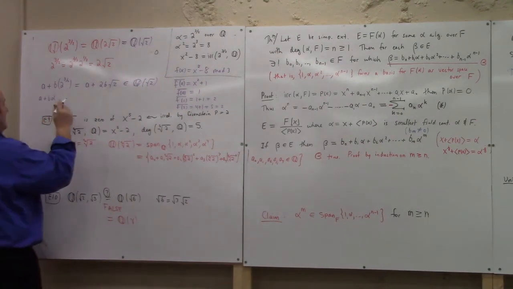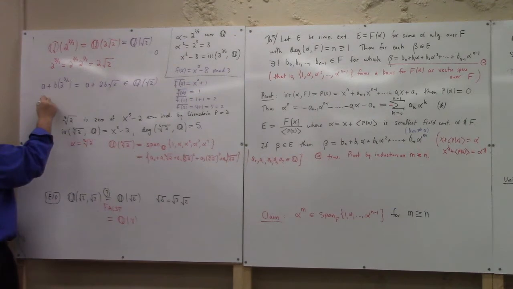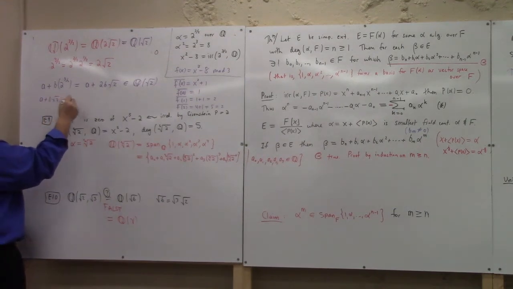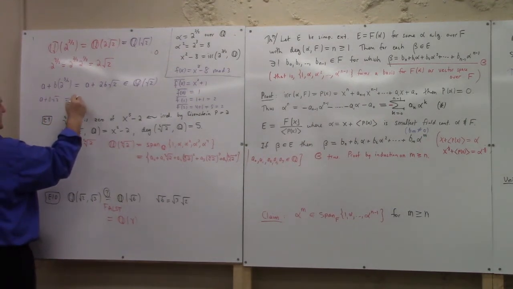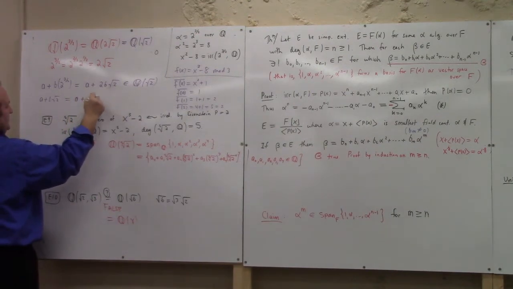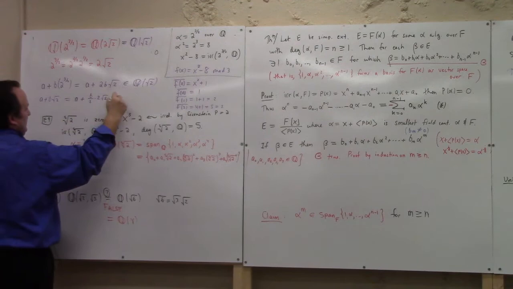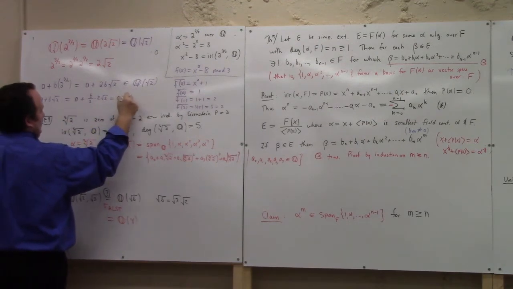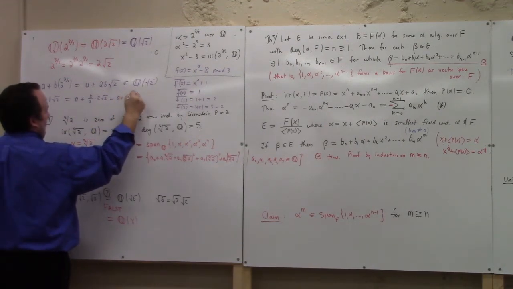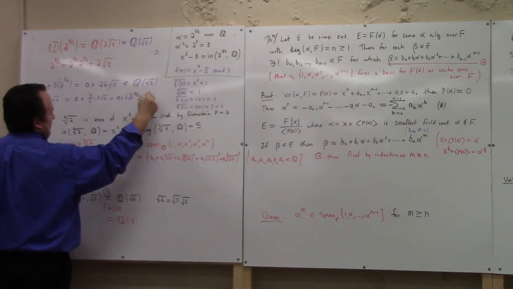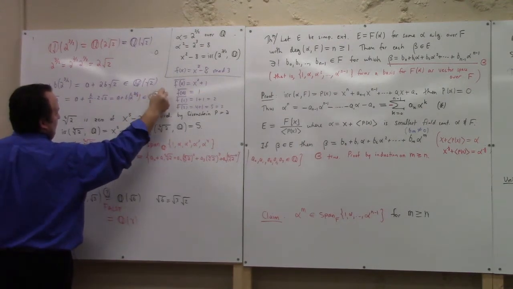And if you pick for me a plus b root 2, I can rewrite that as a plus b over 2 times 2 root 2, which is a plus b 2 to the 3 halves. By the way, that is an element of Q adjoin 2 to the 3 halves.